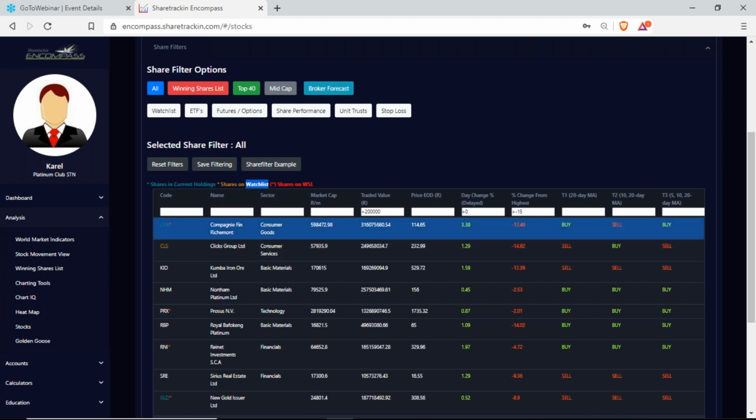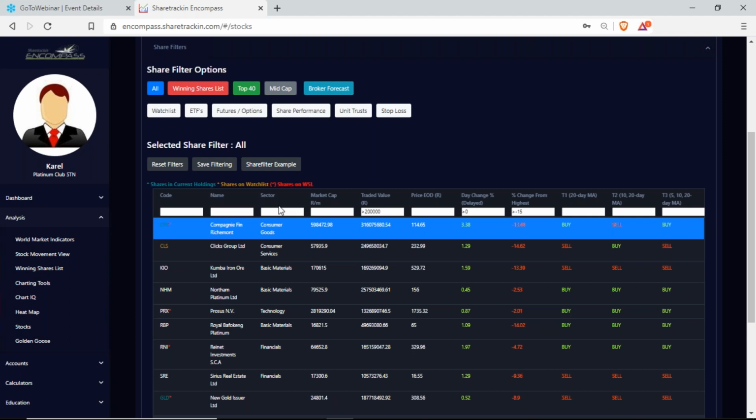Let's start from the left-hand side. You have the company code, and then you have the company's name. So each company on the JSE has a 3-letter code linked to its name. You can either search out a company by code or by name.